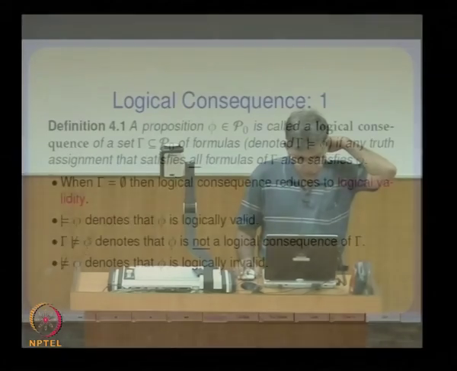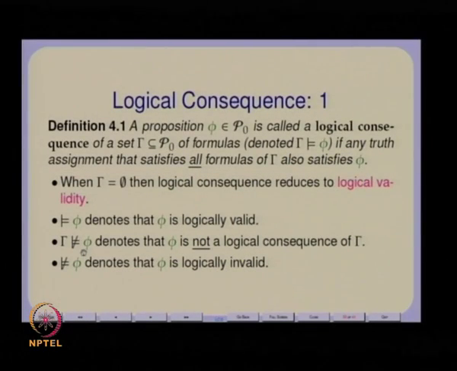And of course, if you strike the logical consequence symbol, that is like negating it, and it is a meta negation. So, it is not the same as the propositional operator not, it is in the meta language that we are saying.